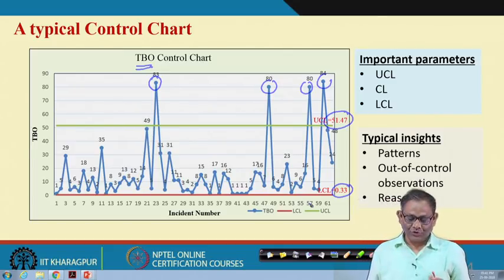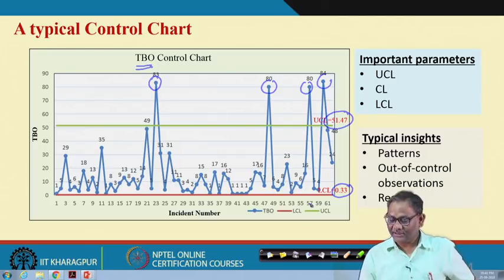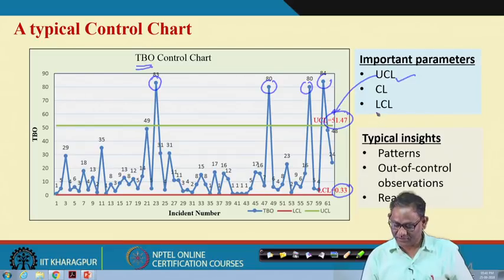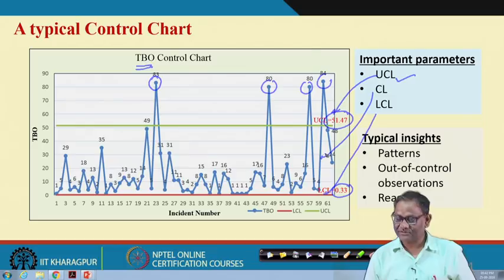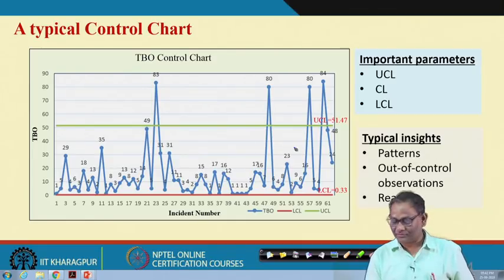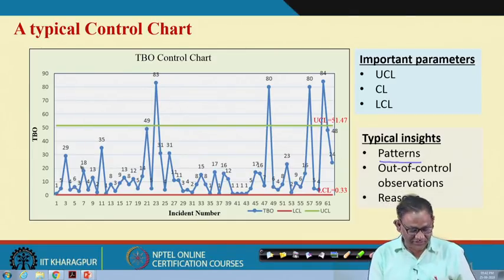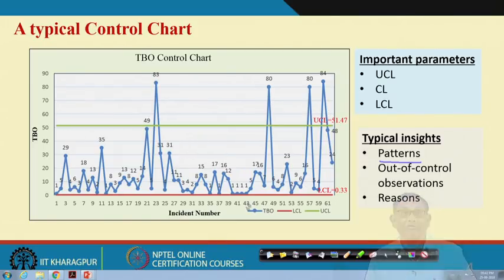So, a control chart will look like this, and the important parameters are the upper control limit and the lower control limit, which you have to identify, and there will be some central limit. Then what are the typical insights you will observe from this control chart? Patterns: when you plot the observations connecting them through a line, is any pattern observable?